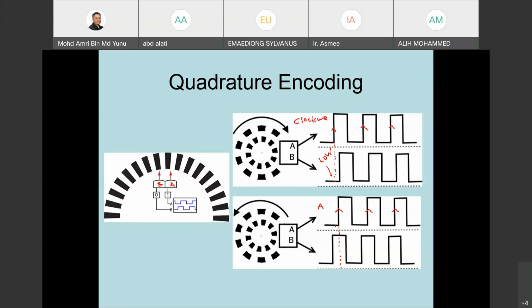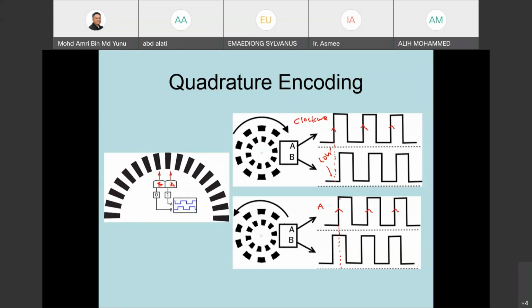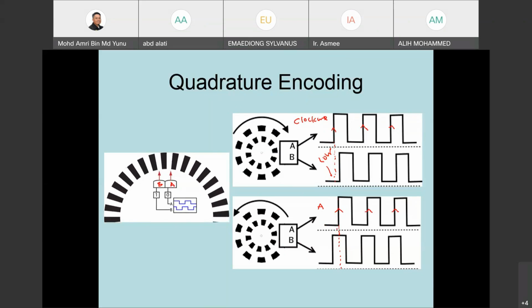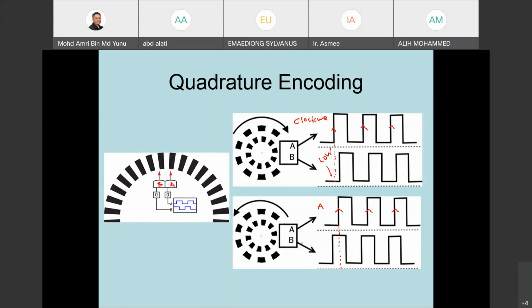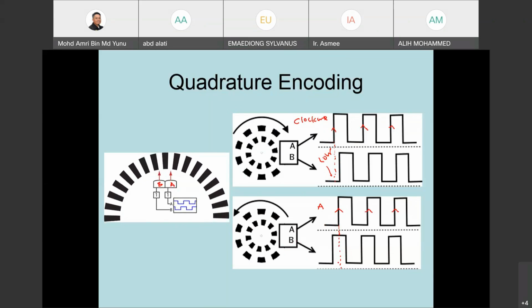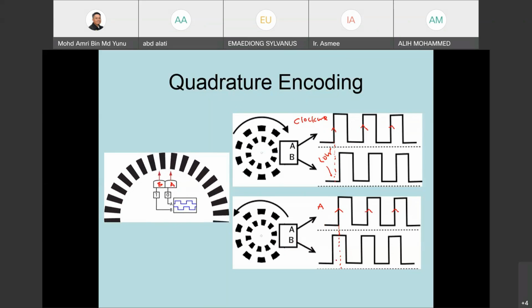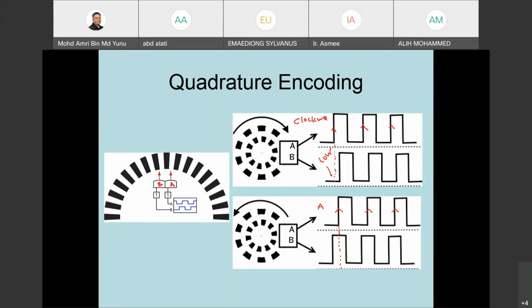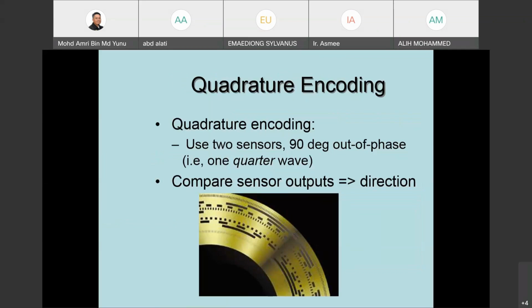And in the other direction, counterclockwise, when the system detects the rising edge of output A, it will check at the same time the output of sensor B, or optical detector B. If the output is high, the system knows that this is moving counterclockwise.